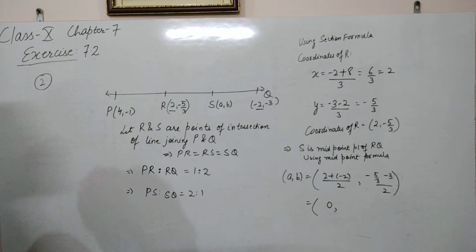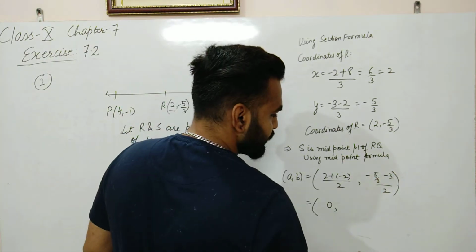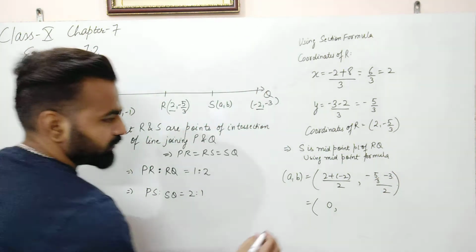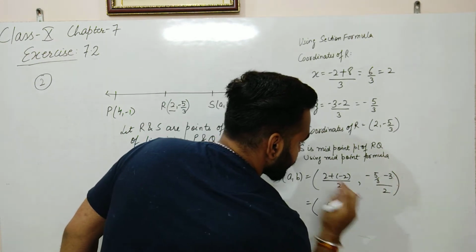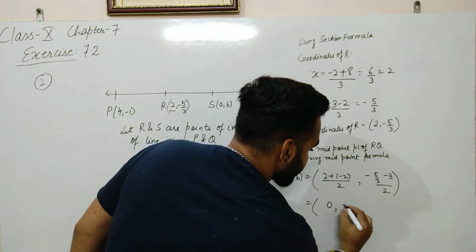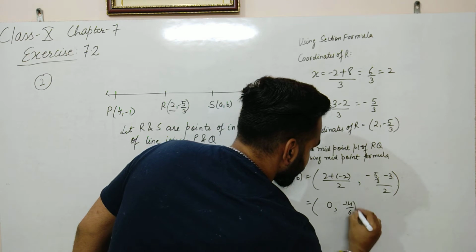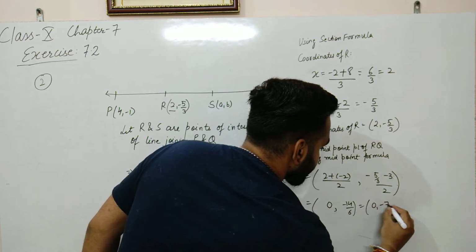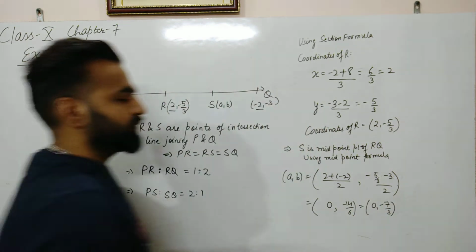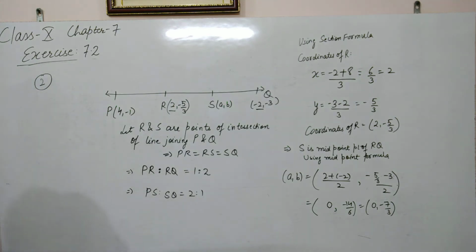So on solving, this will be equal to minus 14 by 6. This will be 0 comma minus 7 by 3. So these are the coordinates of point S here.